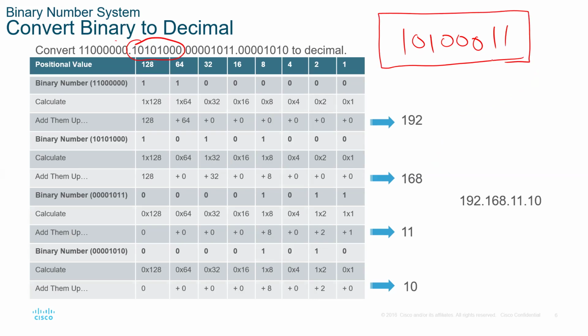The positions that we have are 128, 64, 32, 16, 8, 4, 2. You start with 128 and keep dividing by 2 until you get to 1. Give me the value of this number in decimal.